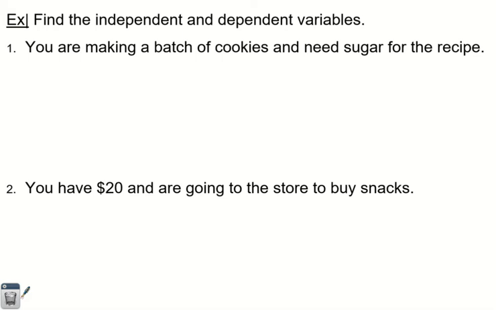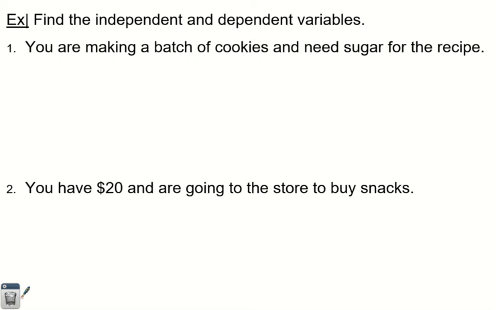A couple decent examples, and this is where I can get into really what dependent means. If you have two quantities of something, two variables, sometimes you can have one that definitely depends on the other one.